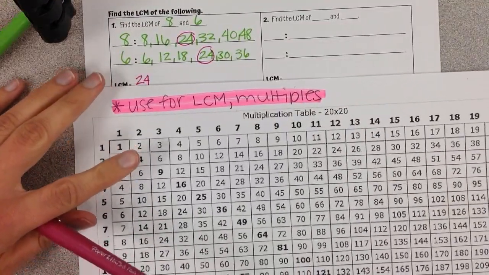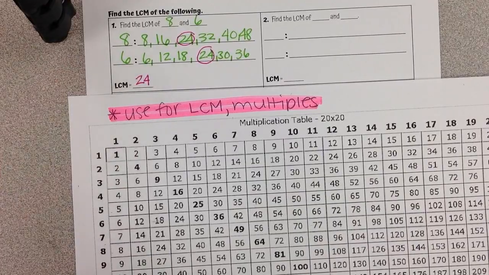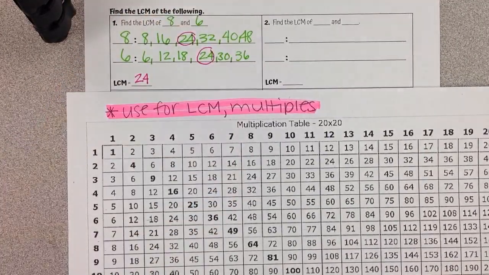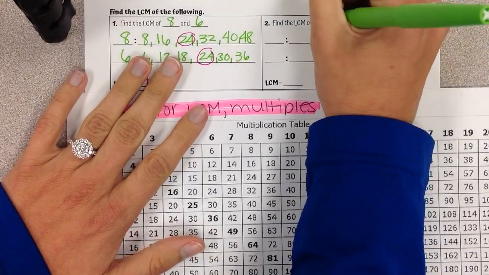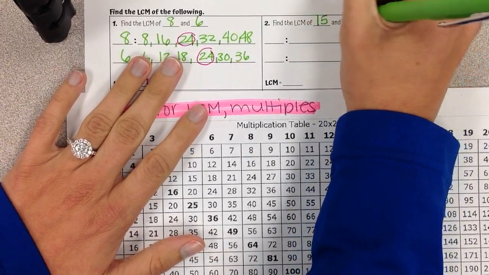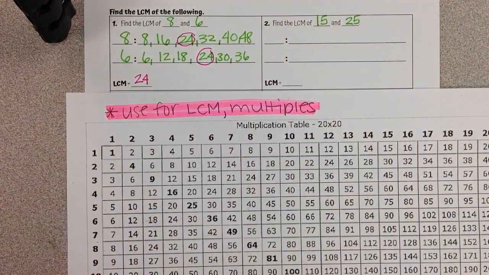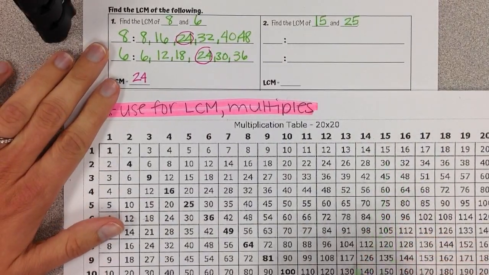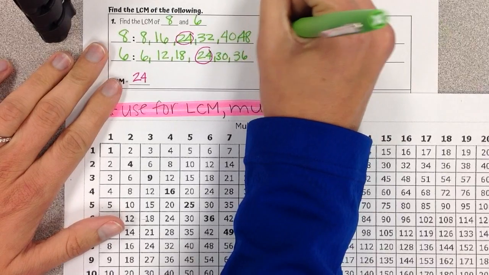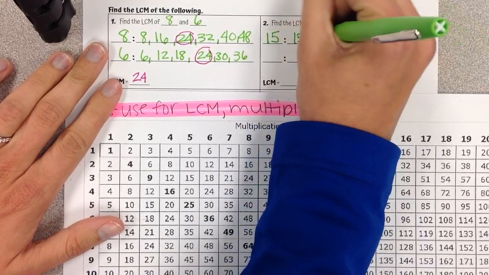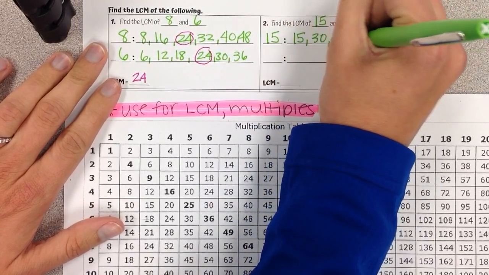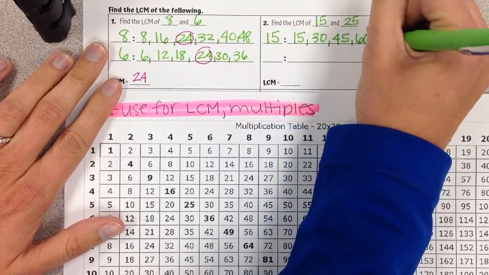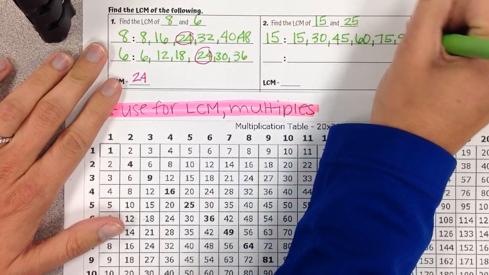All right, number 2. Find the least common multiple of 15 and 25. All right, so using our multiplication chart, looking at multiples of 15, we've got some listed right here. So 15, 30, 45, 60, 75, 90.